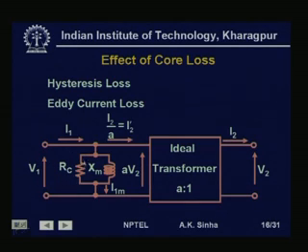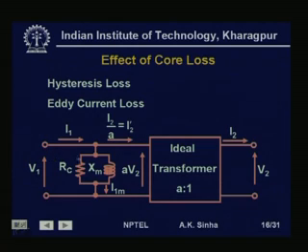If we put a resistance Rc in parallel with this Xm, that will provide us the model for core losses, because here V1 by Rc will provide a current flowing through this, which we call Ic. This Ic square into Rc will be equal to the core losses of the transformer.